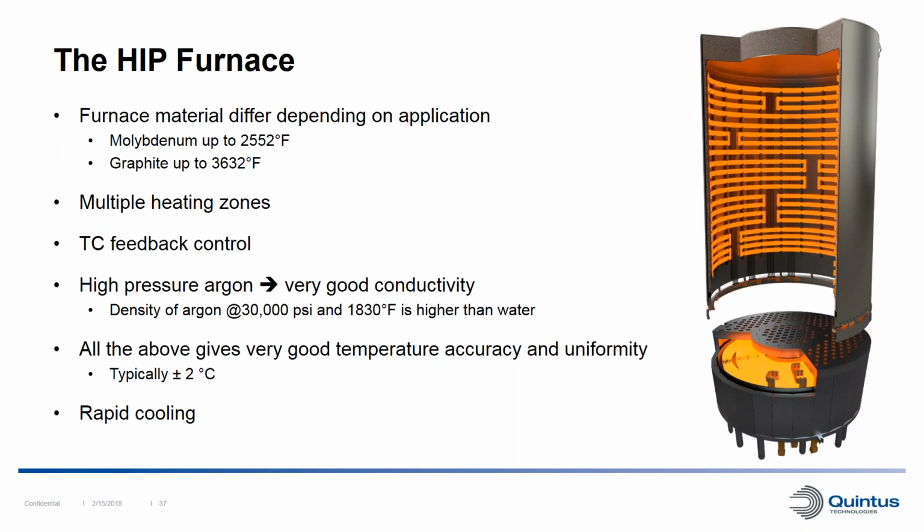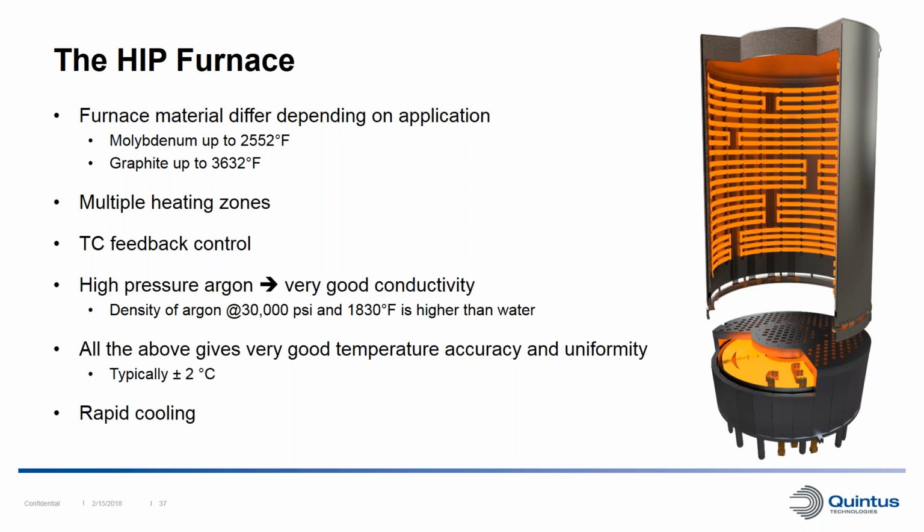Depending on size, the furnaces have a different number of heating zones to achieve as good a temperature distribution throughout the full furnace volume as possible. Also, modern HIP systems use TC feedback control, which gives a very good possibility to accurately control the temperature uniformity throughout both the full furnace volume and the cycle. The accuracy that Quintus typically sees in our systems is around plus minus 4 degrees F, or actually plus minus 3.6 degrees F, which corresponds to plus minus 2 degrees Celsius.